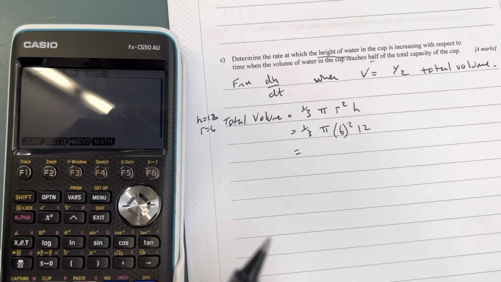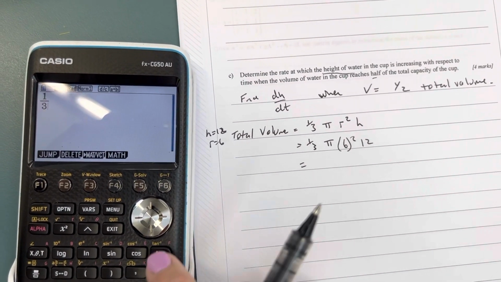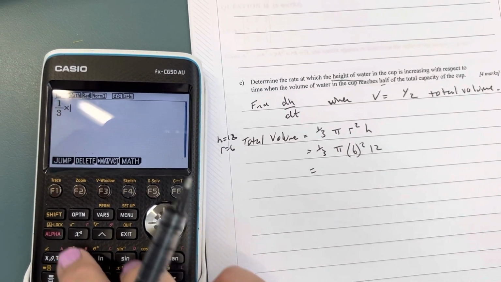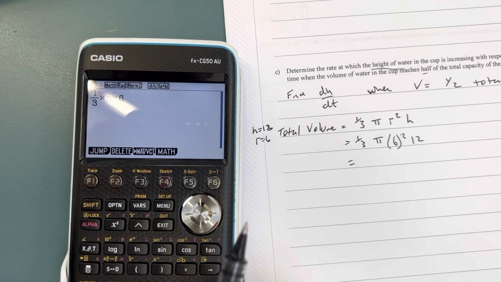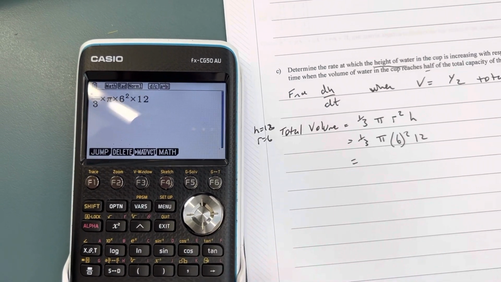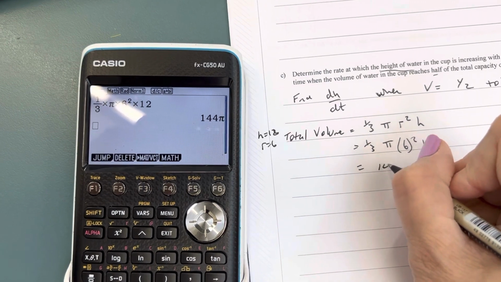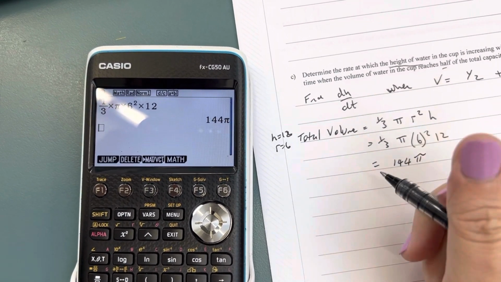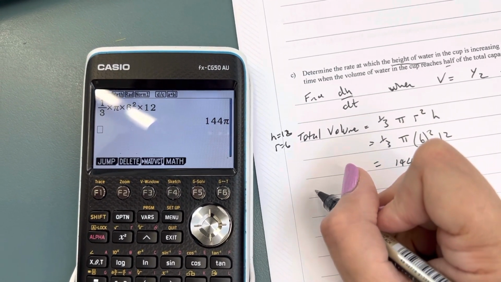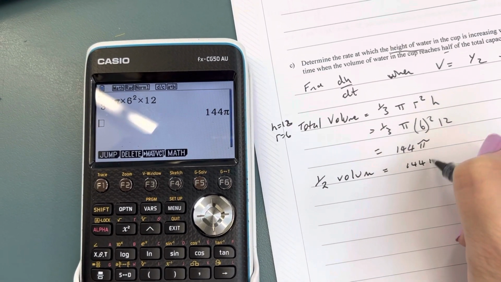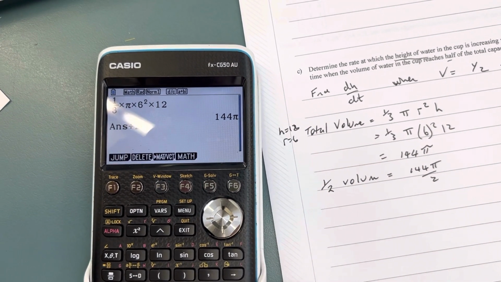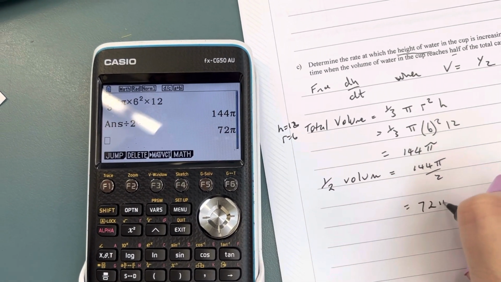You could also have gone back to using what you found in part A. So what's that going to be? 1/3 times pi times 6 squared times 12. 144 pi. So then at half volume is 144 pi on 2, is 72 pi.